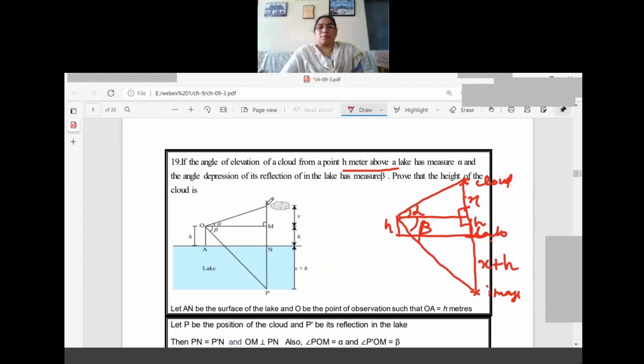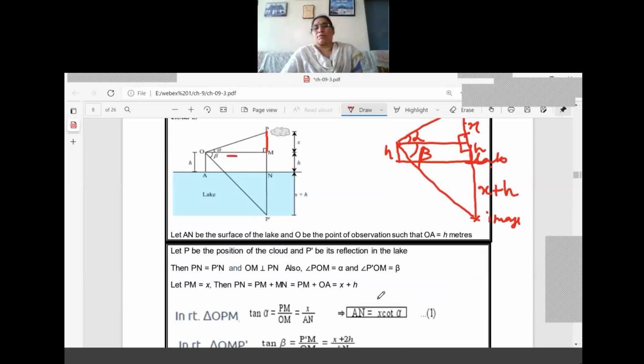PM equals x for us, so x by OM, which is the same as the ground level AN. So AN equals x by tan alpha, which is the same as x cot alpha.